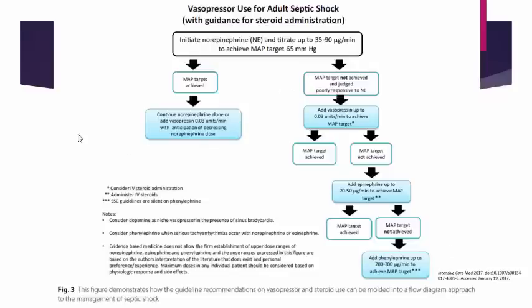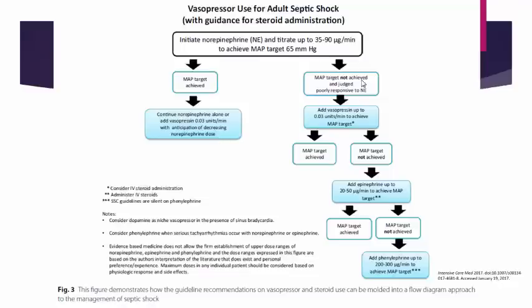This is essentially a good chart of what to do for patients who are hemodynamically unstable and have already gotten adequate fluid resuscitation. At this point, you would start norepinephrine. If your target is achieved, you can continue norepinephrine alone, or you can even add vasopressin, because vasopressin can potentially decrease the amount of norepinephrine that you may need.